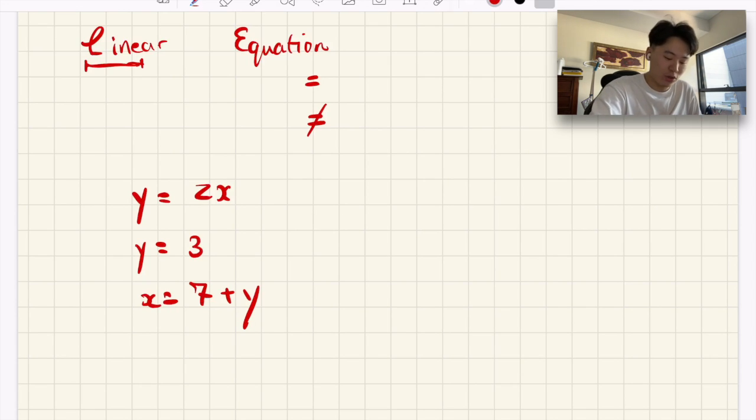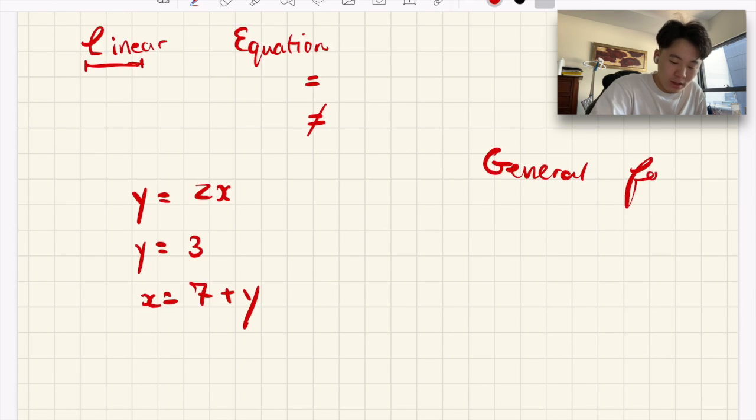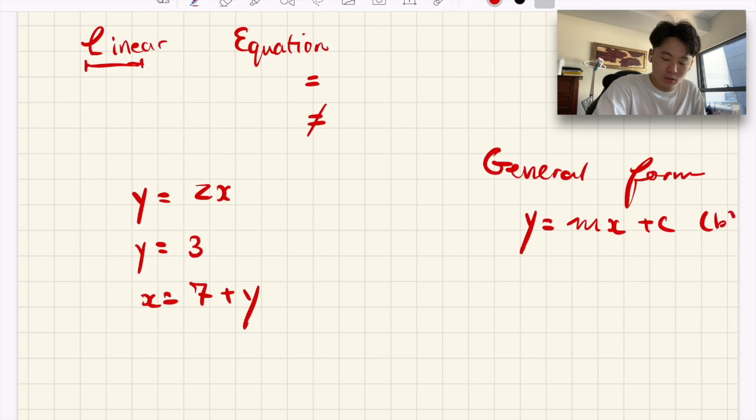You might know the equation form. General form. What is the general form? Okay, give it a go. Some people might use b, so I'm just going to put it there on the side, but we like to use generally c. What is m? And what is c?